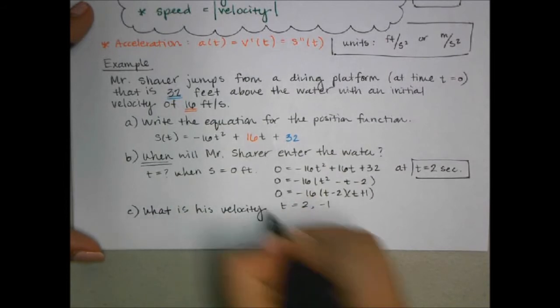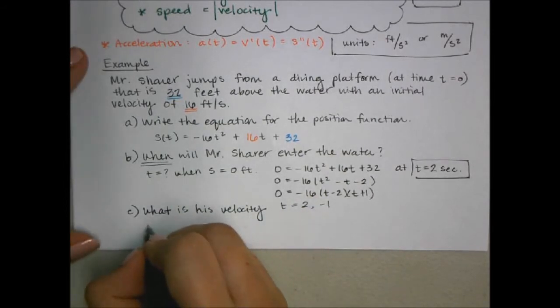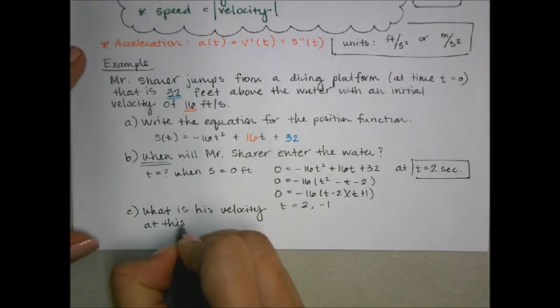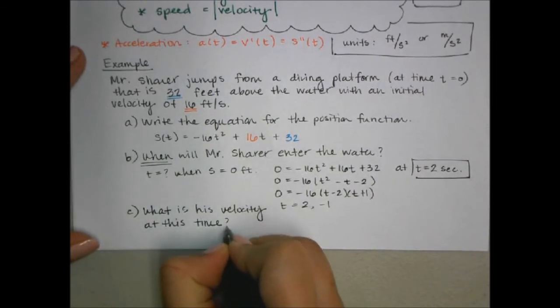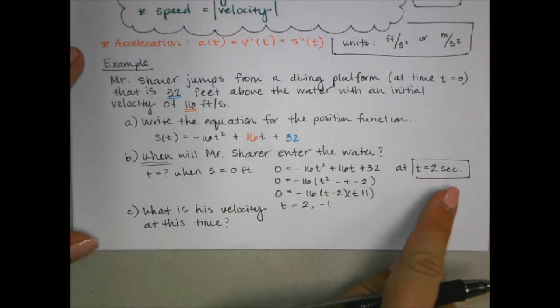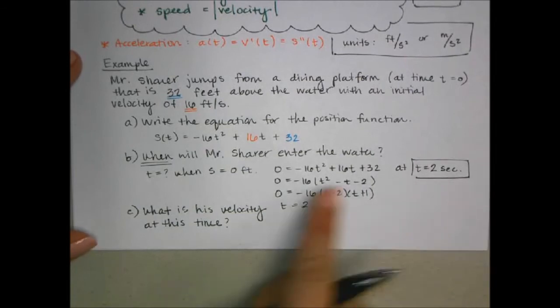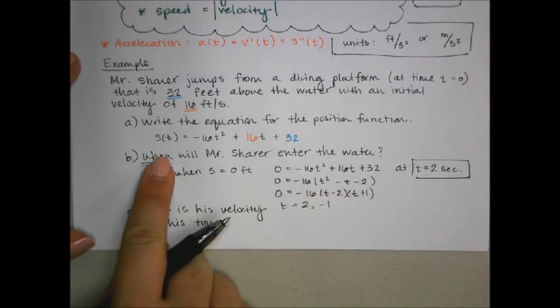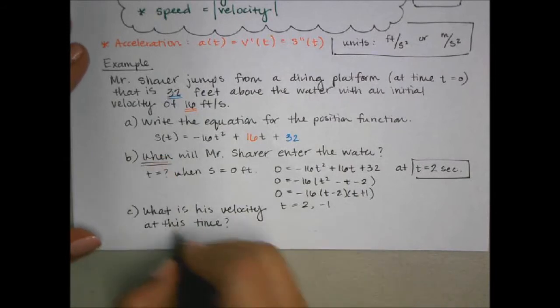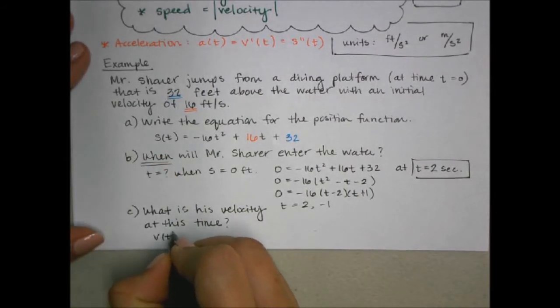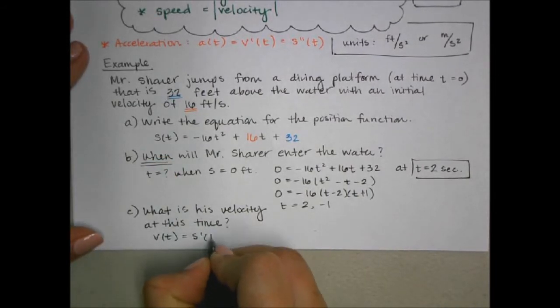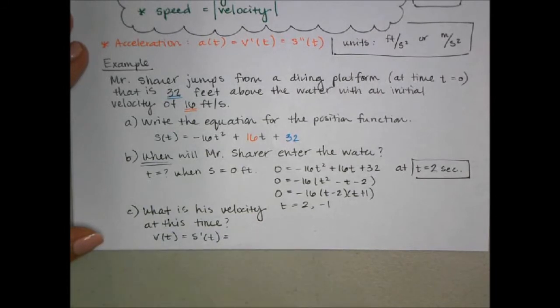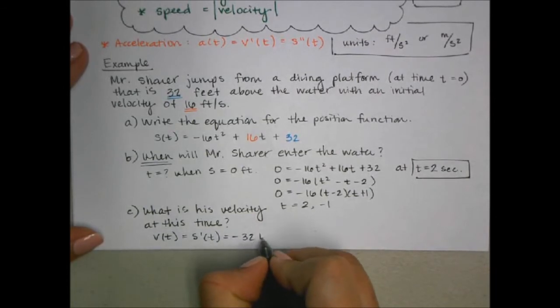What is his velocity at this time? The time when he enters the water. So I want to know the velocity when t is 2. So first of all, I have my position function. I need my velocity function. My velocity function is just the derivative of the position function. So we'll get negative 32t plus 16.